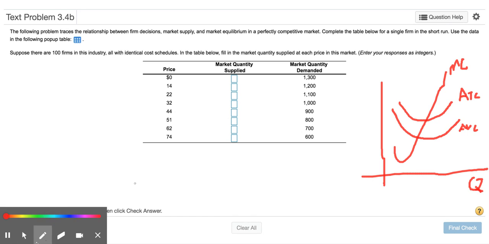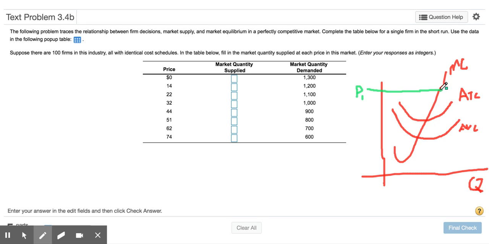Now, in the last class, we discussed some profit maximizing conditions, right? So if this is the price, at this price, let's call it P1, this company should produce this quantity, let's call it Q1.